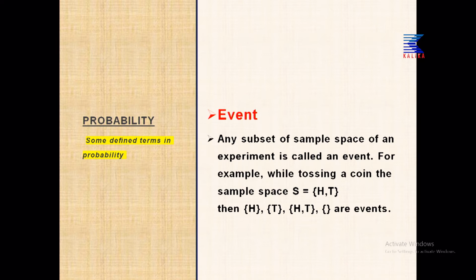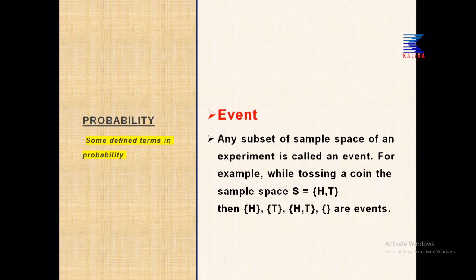When we toss a coin, getting head is an event, getting a tail is an event, getting either head or tail is an event, getting nothing is also an event. Either head or tail is 100% chance; getting nothing is impossible because we take the experiment on a plane surface. So, we assume that either head or tail should occur.